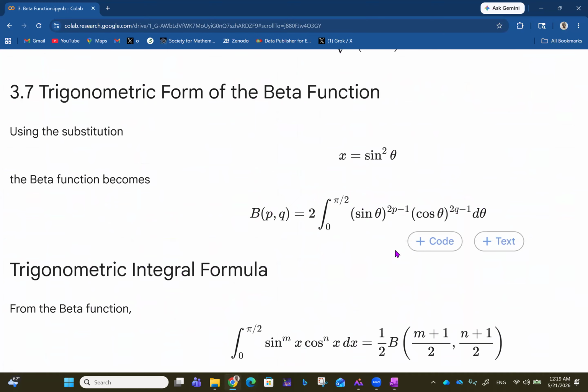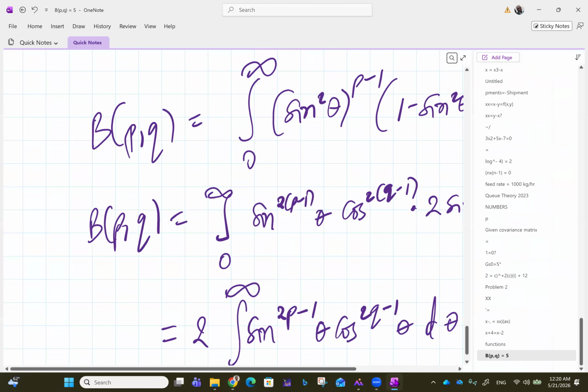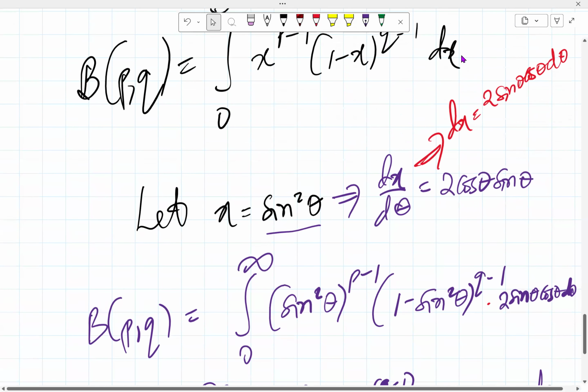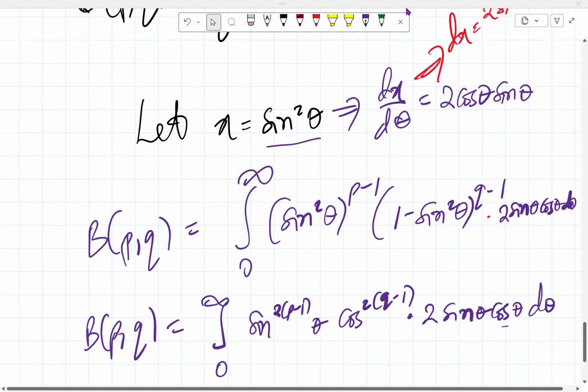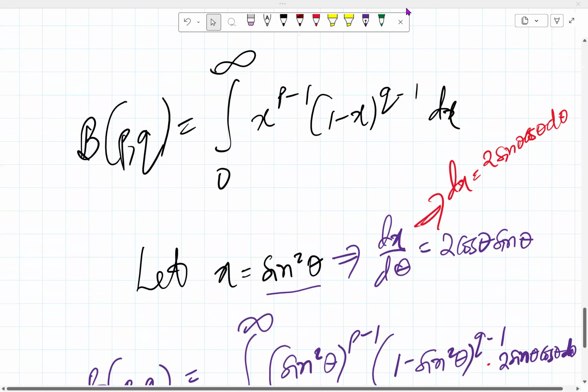In terms of trig, that's why we have this now. So of course, sine 2p minus 1 is like sine theta raised to 2p minus 1. So that's exactly what we have here. But one thing I've not done is the transformation for 0 to infinity. Before I even come to this place, I should have done all of that, right? So we have 0 equals sine squared theta.